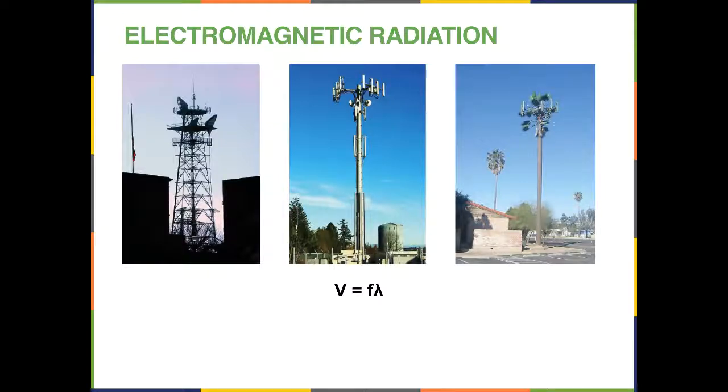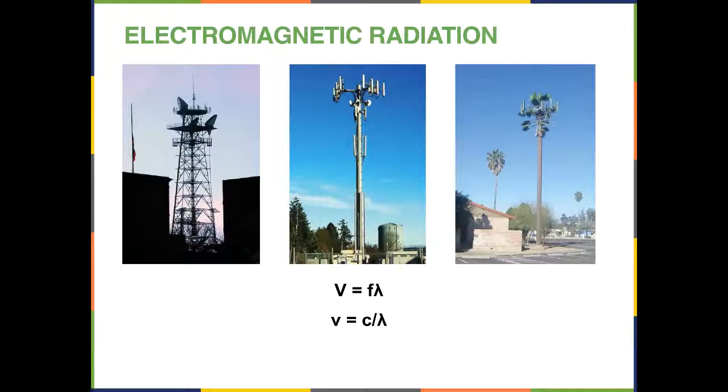Now the velocity of a wave, capital V, equals the frequency times the wavelength, and the wavelength is represented by lambda. Frequency is expressed with a small case nu, I believe, what you can see here. The frequency is related to the velocity by the wavelength.